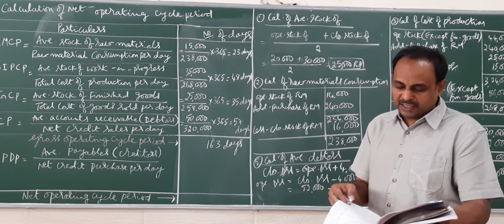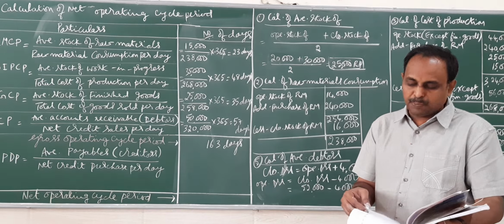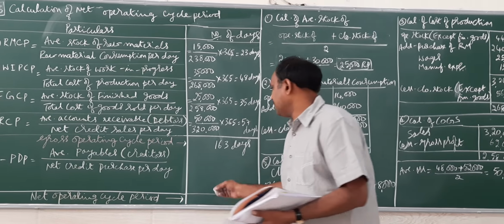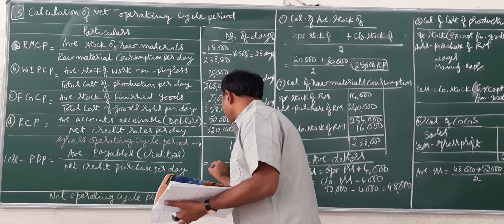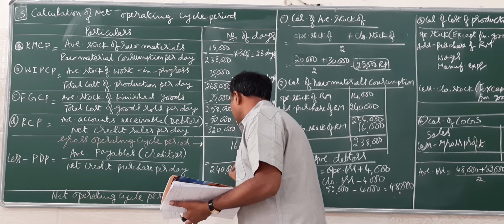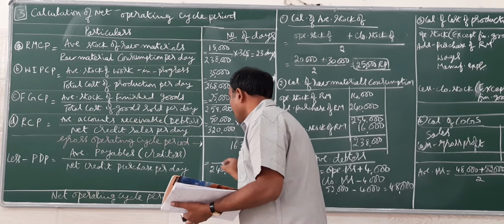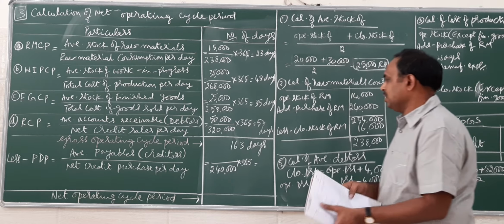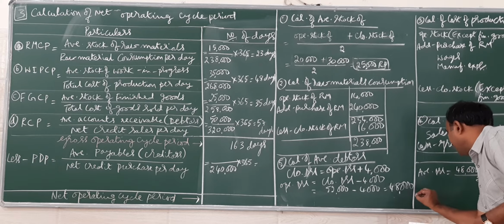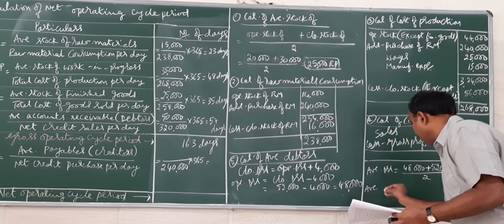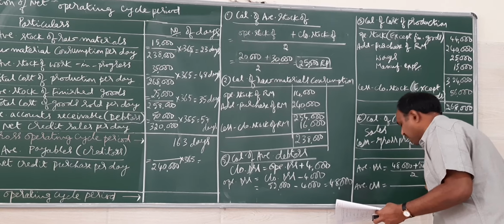Then we have to go for the next one, that is average payables divided by net purchases per day. Net purchases is available for us, 2,40,000. We have to find only average creditors. So average creditors, we have information there in the problem given.